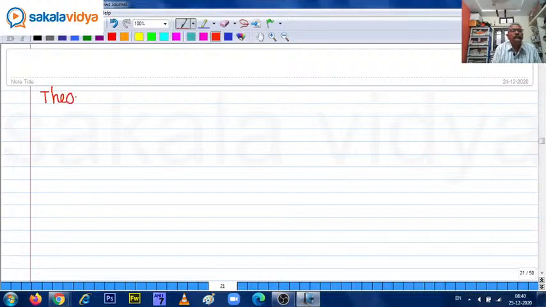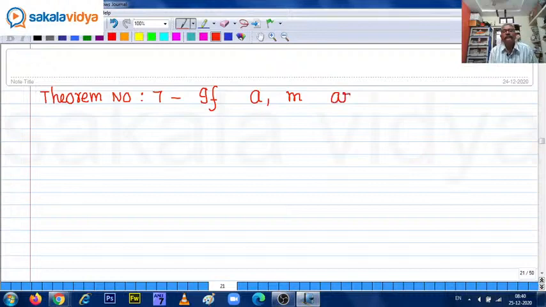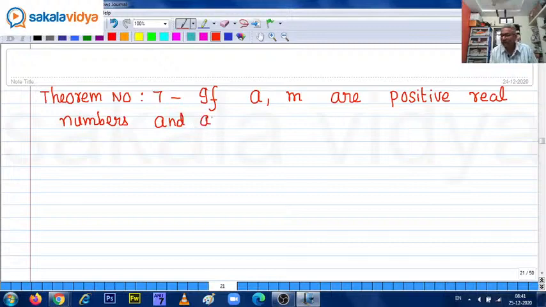Theorem number 7. If a, m are positive real numbers and a does not equal 1, then a raised to log m to the base a equals m.